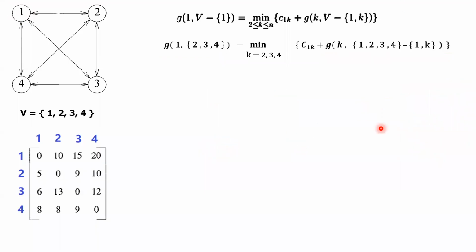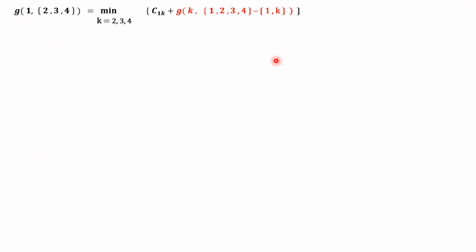So starting with this, I'll try to replace the k here with the 3 possible values 2, 3 and 4. So this is the recursive formula. I have k here in the formula, which I'm going to replace with 2 first. So k will be replaced with 2.